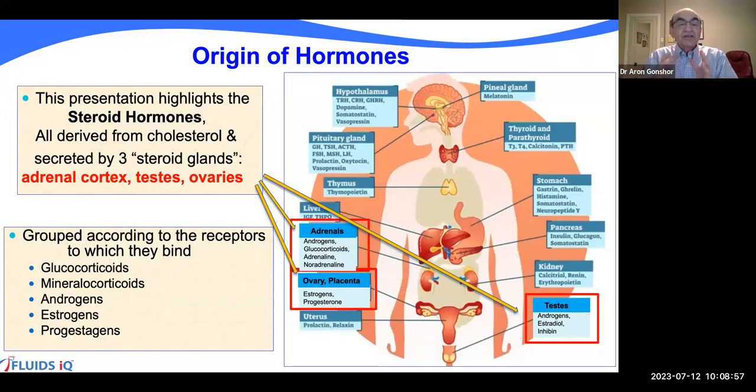So these various hormones are grouped according to the receptors that they bind to in the various cells. And that will determine where these various types of hormones, the glucocorticoids, the mineralocorticoids, the androgens, the estrogens, the progestogens, where do they attach in the various cells?